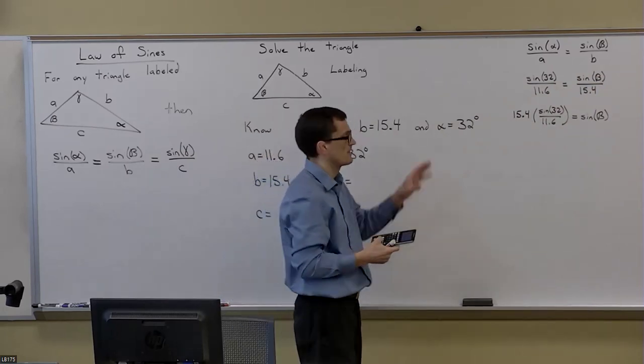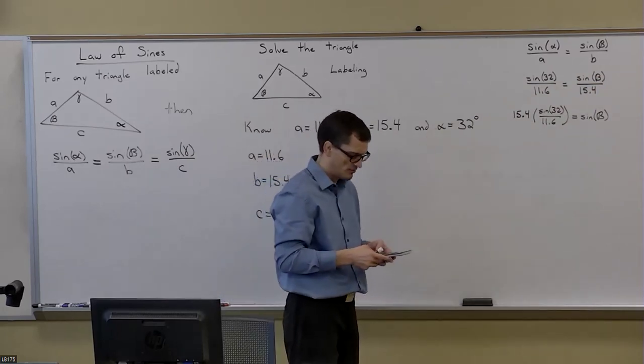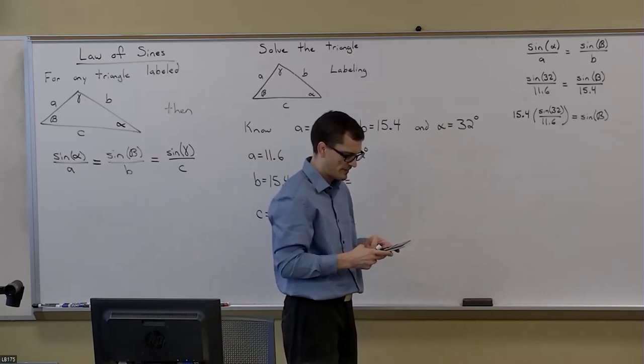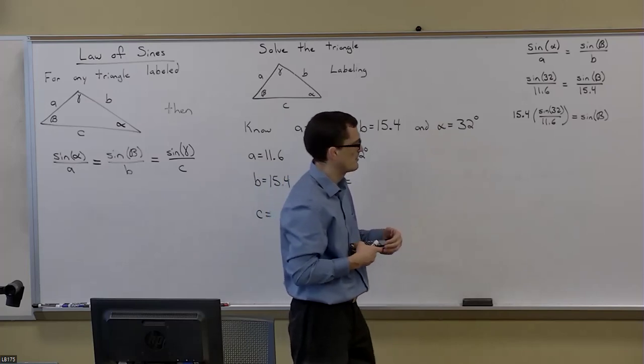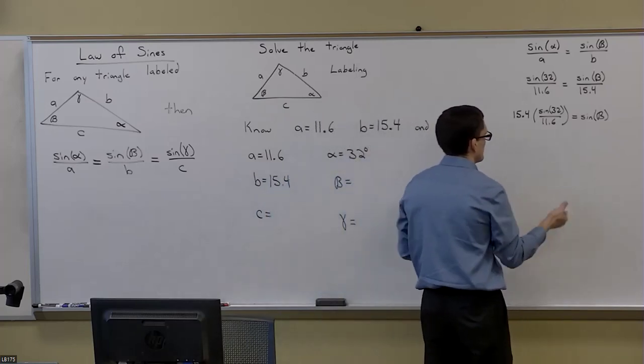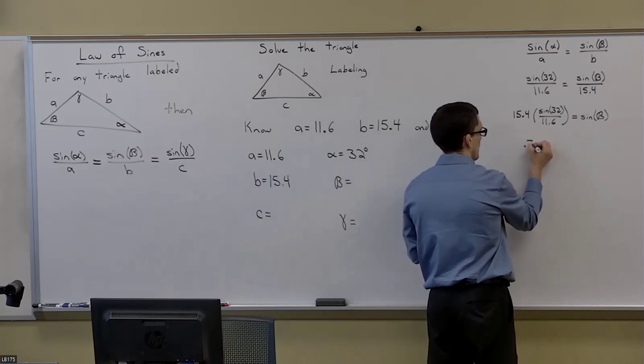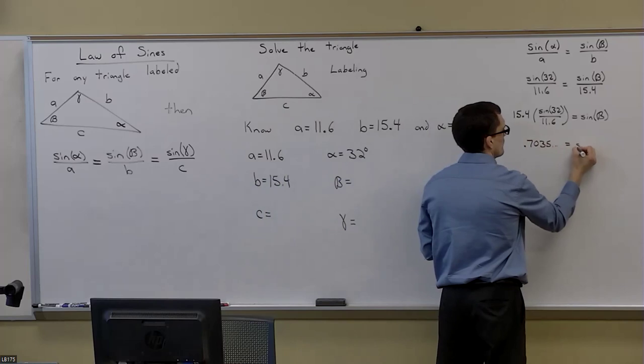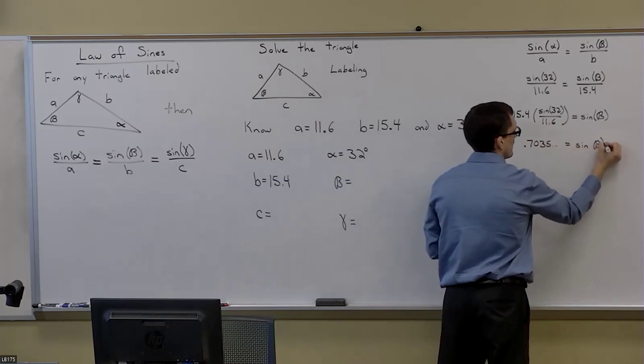Again, if my calculator is in degree mode, I can just type that in my calculator, 15.4 times sine of 32 divided by 11.6. I get about 0.7035. Is the sine of beta.